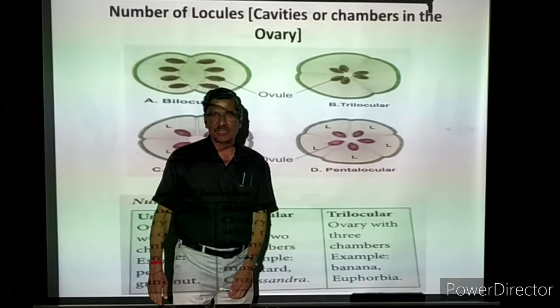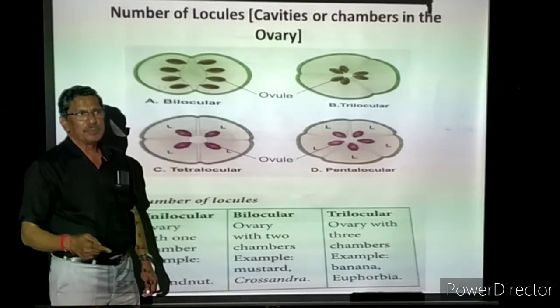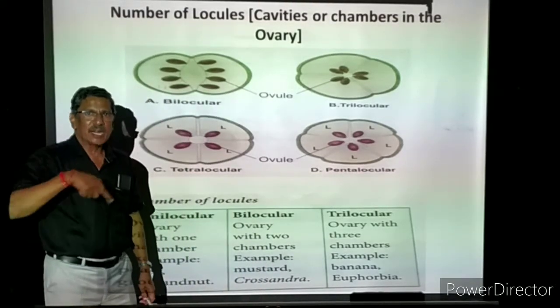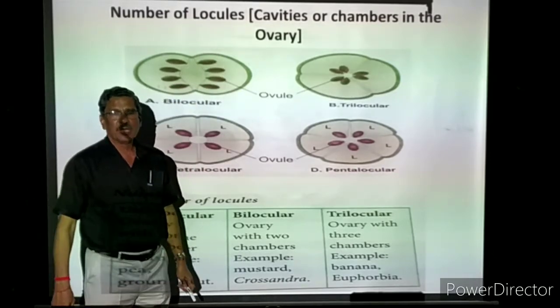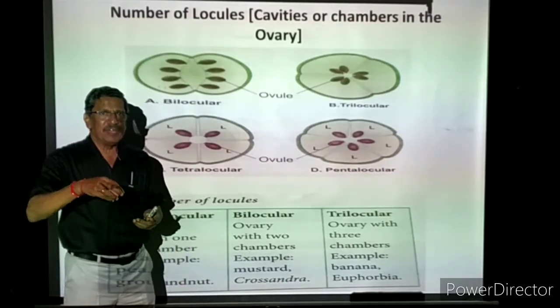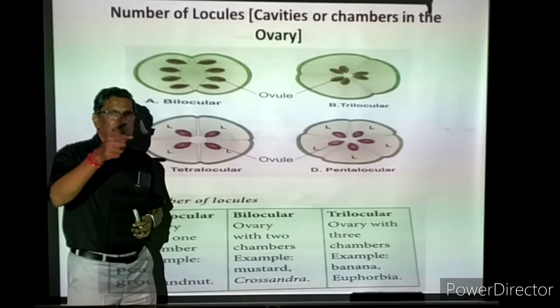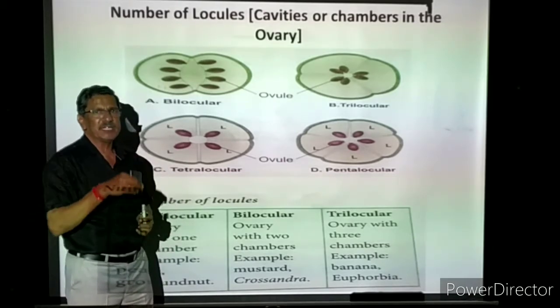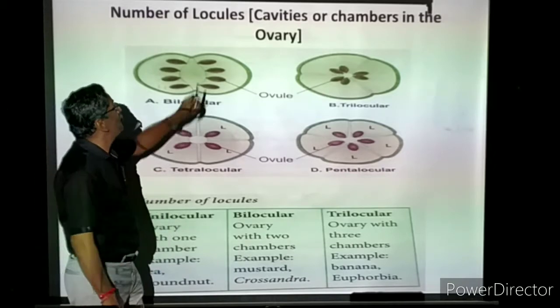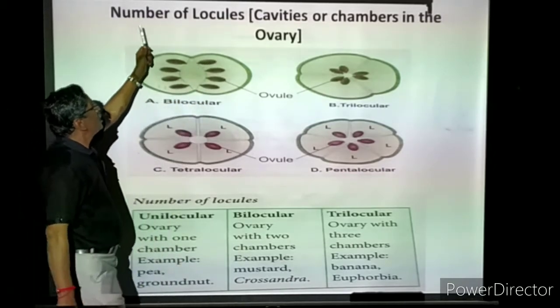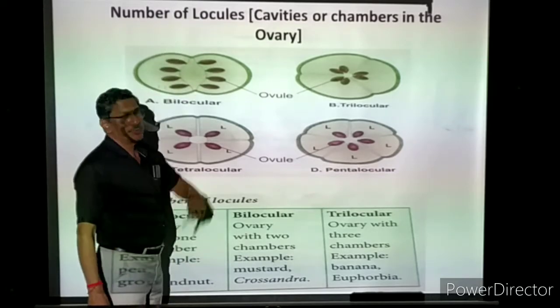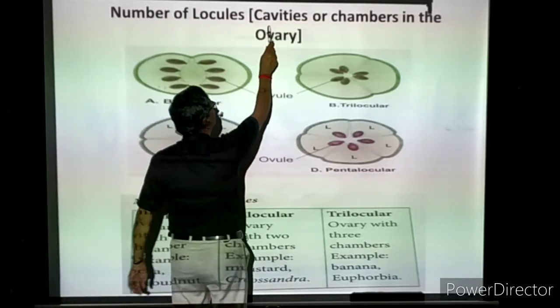Even in the previous diagram we have seen carpels. Each carpel has one green colored outer wall. That is the carpel. What is the meaning of locule? Now the carpel is leaving a space. The carpel is encircling one space. The cavity, the space, is called a locule. Now the number of locules is what we are going to study. That is what is given here.